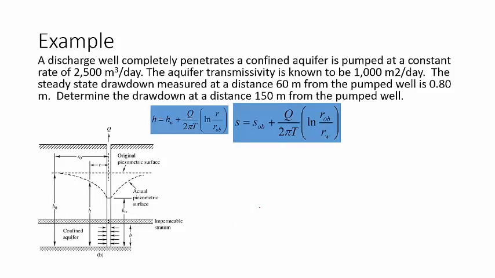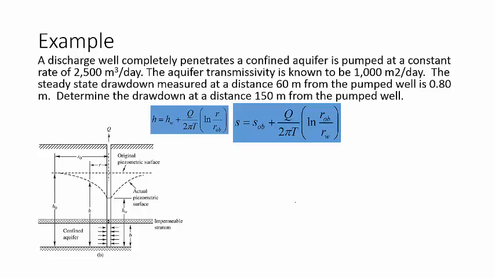A discharge well completely penetrates a confined aquifer that is pumped at a constant rate of 2,500 cubic meters per day. The aquifer transmissivity is known to be 1,000 square meters per day. The steady state drawdown measured at a distance of 60 meters from the pumped well is 0.8 meters. So determine the drawdown at a distance of 150 meters from the pumped well.